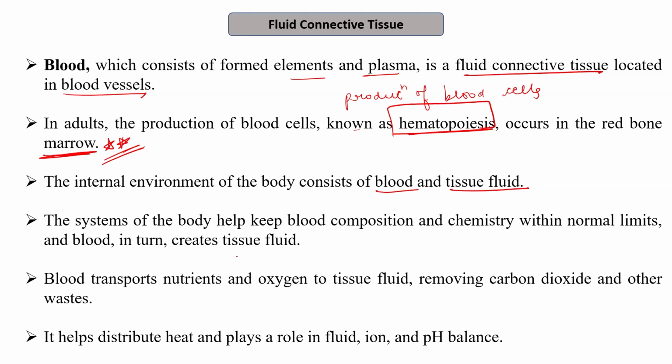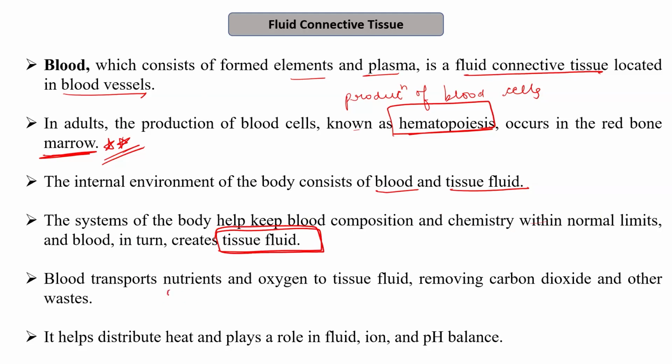The system of the body helps keep the blood composition and chemistry within normal limits. Like we have a process of homeostasis that maintains the temperature and the pH of the blood. So in order to maintain the pH or the salt composition within the blood, the body creates the tissue fluid.